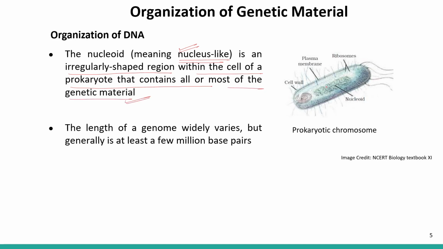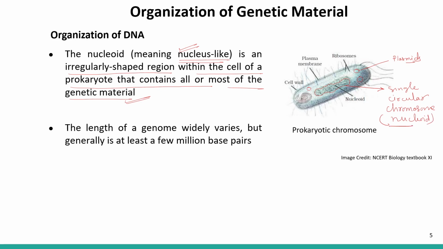So all the genetic material is present here, but besides this, some small circular DNA material is present. That is called plasmids. But the main DNA is this single circular chromosome, which is called the nucleoid.